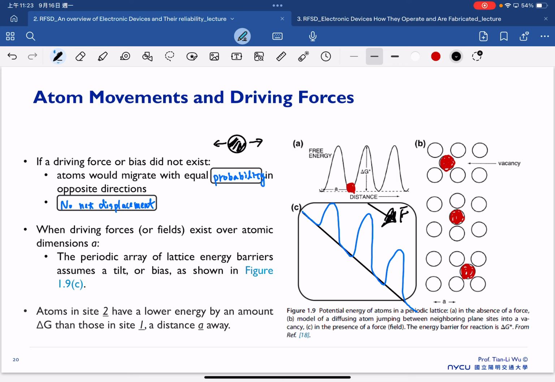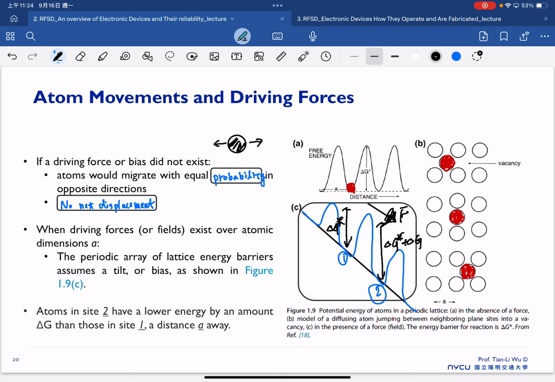So now if we consider place 1 and place 2, place 1 has a delta G star here, and then place 2 has delta G star plus delta G here.